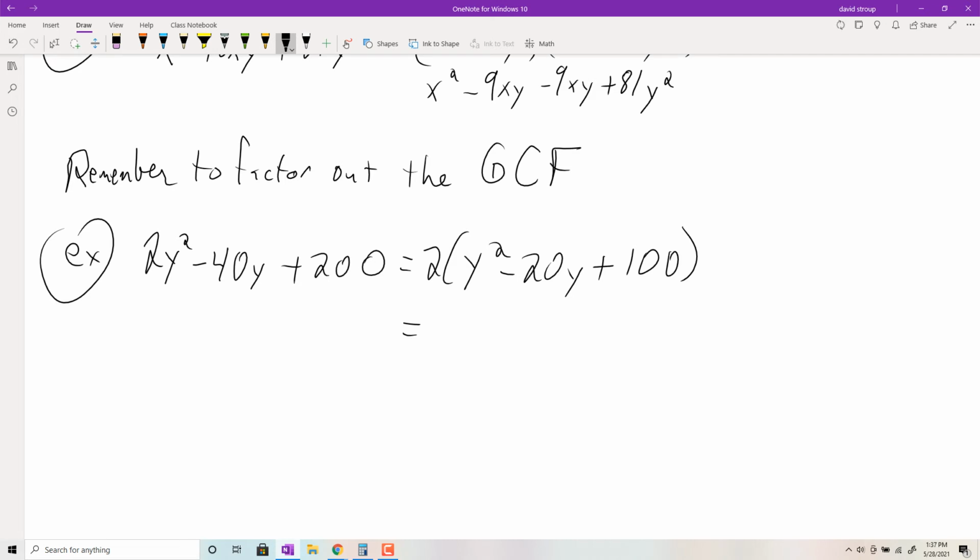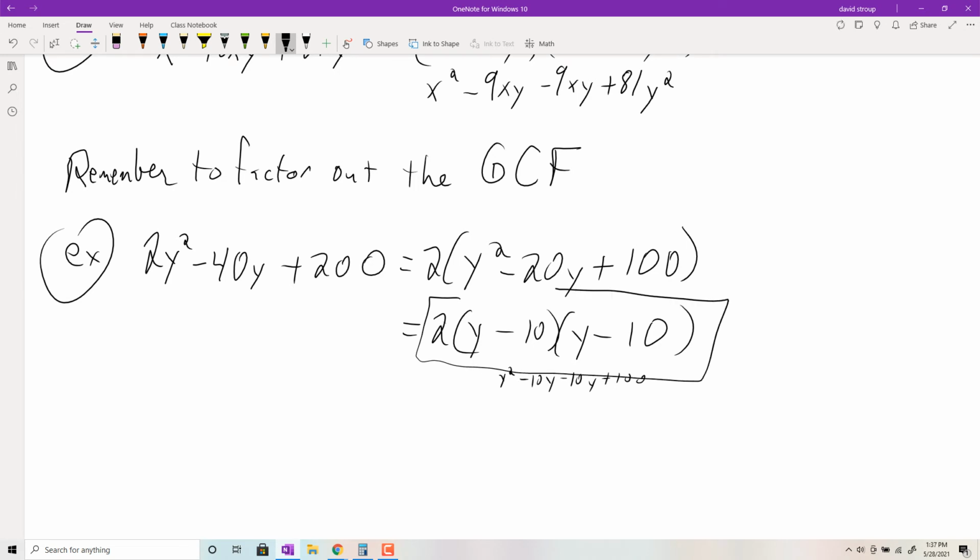And then 100 is just 10 squared. So I think it's a perfect square, and I'll try that. So we have y minus, and it's 10 and 10. So let's make sure it works. Y squared minus 10y minus 10y plus 100, yeah, it works. Okay, so that would be our answer in the box there.